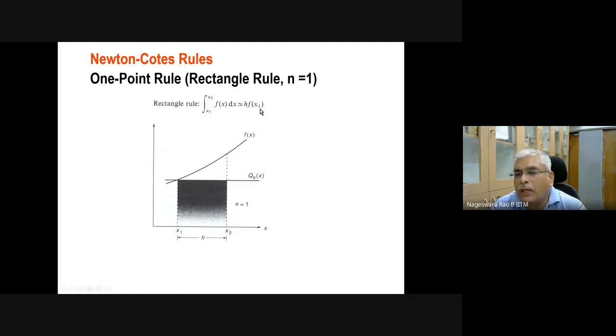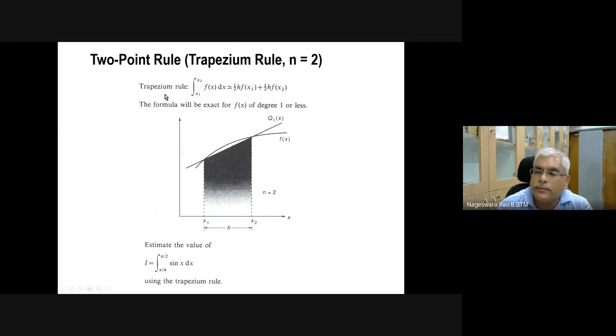Here we evaluated the function at only 1 point. If I give you an offer that you get better accuracy if you evaluate this function at both the points, that is the trapezium rule.